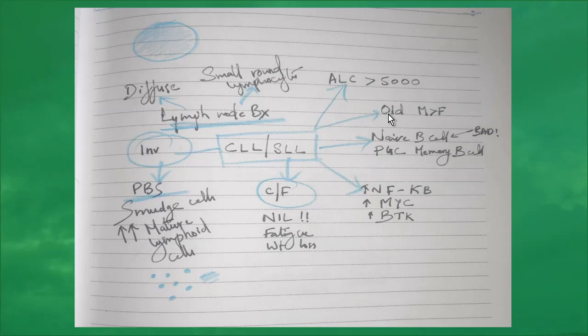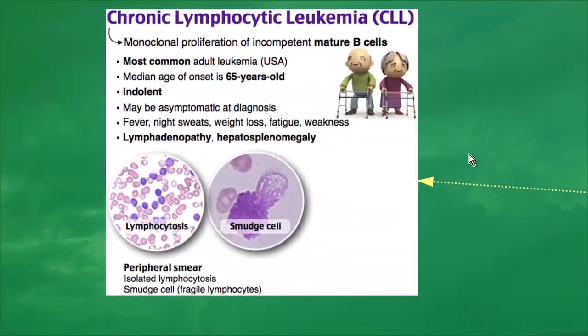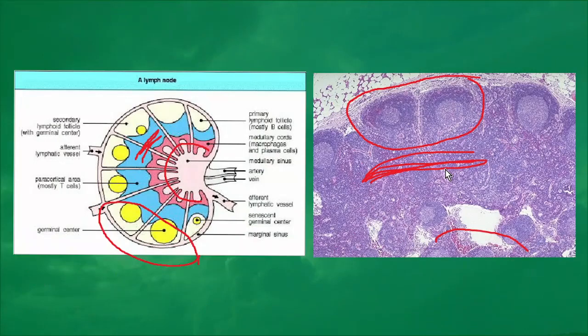The problematic cell in CLL is either a naive B cell or a post-germinal center memory B cell. Like we saw earlier in the lymph node, as you have studied already, B cells will be coming through afferent vessels like this.